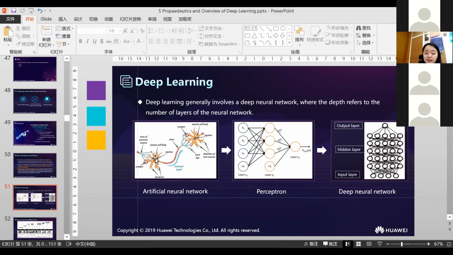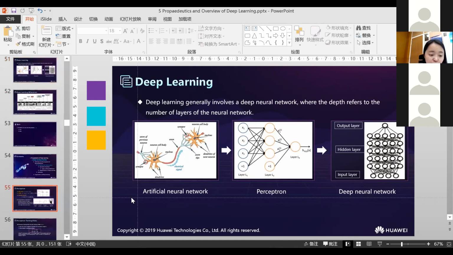To process these inputs, we just use a weighted sum, and then the output will be transferred to the next neuron. So that is an example of the neuron, and we use equations.